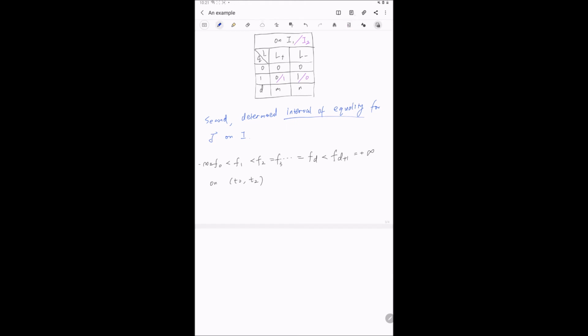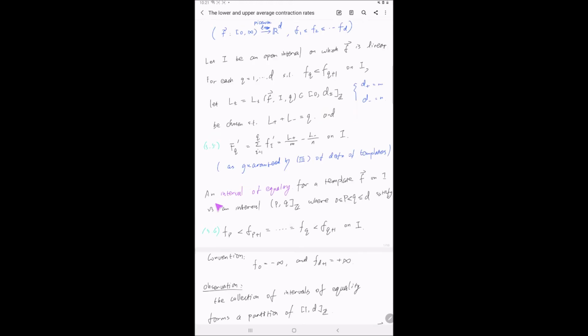And recall the definition. So here's the definition for the interval of equality, which is an interval of integer values such that this holds.